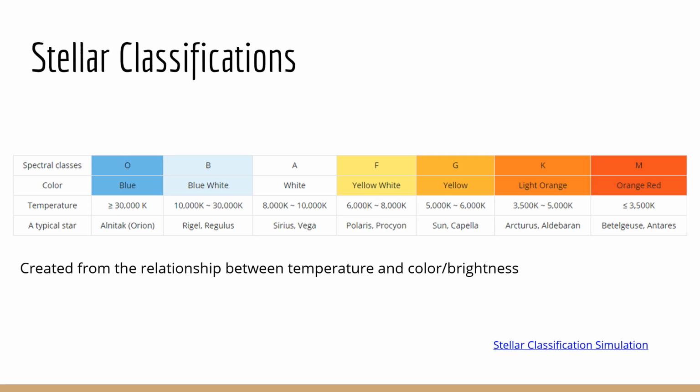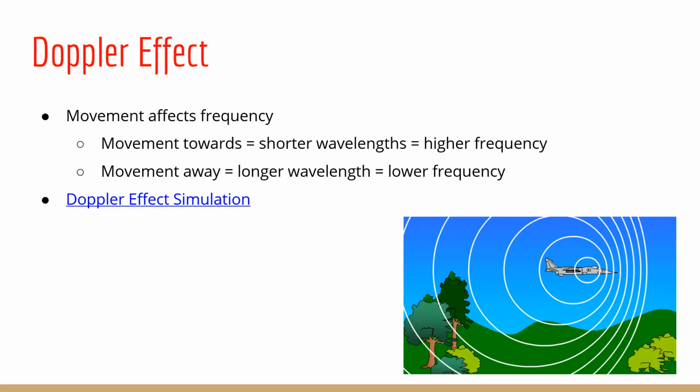So you might be thinking, how does this all play into the expansion of the universe? Well, it turns out there exists something called the Doppler effect, which says that movement affects frequency, be that of light or sound or any other propagating undulating wave. Movement towards the observer results in shorter wavelengths and therefore a higher frequency, and movement away leads to longer wavelengths and lower frequency.